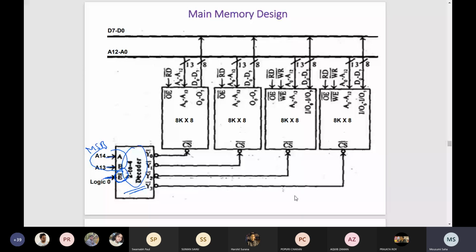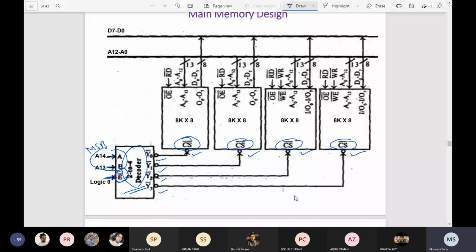These are active low output lines. All of the outputs we have considered are active low. This type of decoder we have considered because we want to select memories, and for the selection of memories we use the pin CS bar. CS bar is one of the control signals we use, and if it is 0, at that moment it will be enabled. So for that reason we use the active low output decoder circuit.